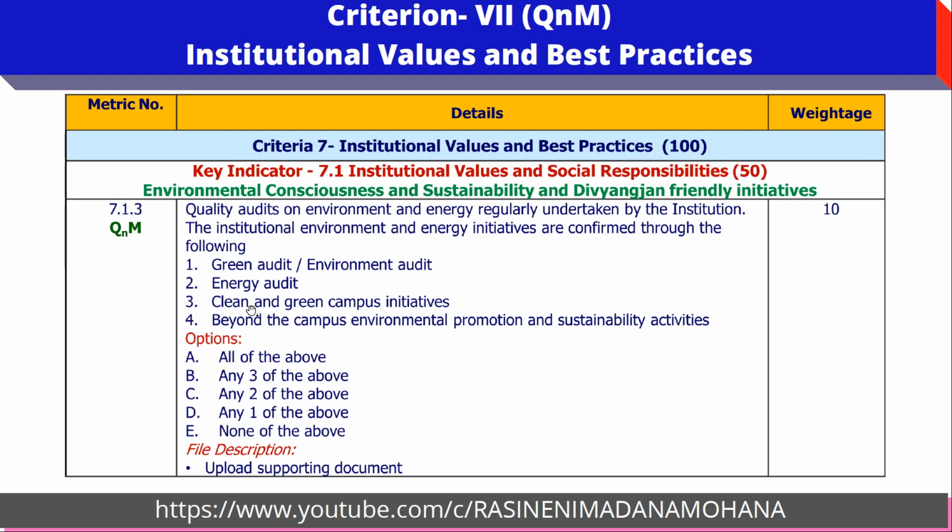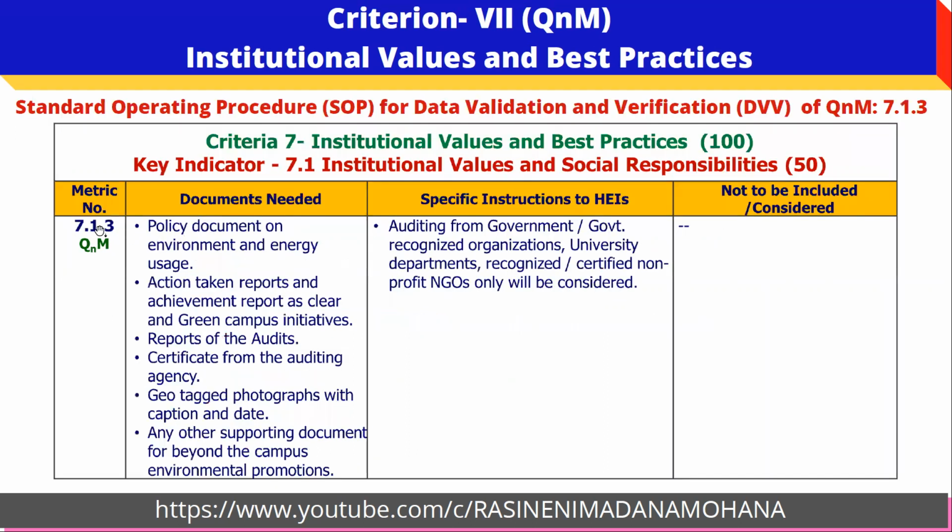Then for all these initiatives, based on the option selected by your institution, those supporting documents can be provided under uploading supporting documents. As for the SOP, what are the documents required? Let us see. The SOP of 7.1.3, what are the documents needed? The policy document on environment and energy usage, action taken reports, and achievement reports on clean and green campus initiatives.